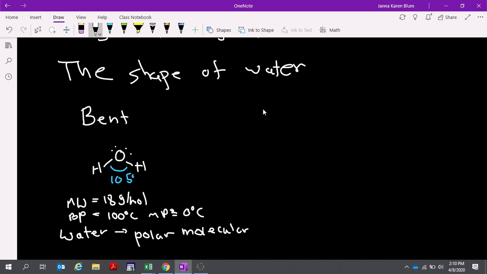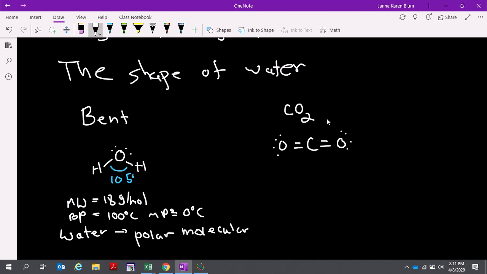Another molecule I want to compare this to is carbon dioxide. Carbon dioxide has a Lewis structure with carbon in the middle and oxygen double bonded. Again, oxygen still has the 2 lone pairs.